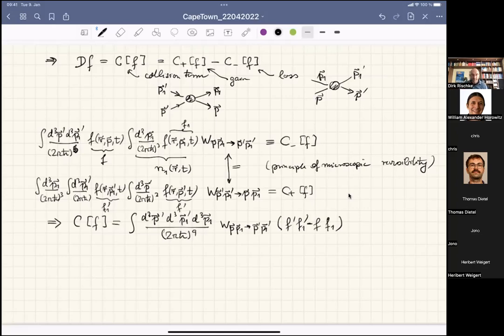Yeah? It's based on physical principles about densities of collision partners and unobserved final momenta, so you integrate over them. But in essence, this is what it is.